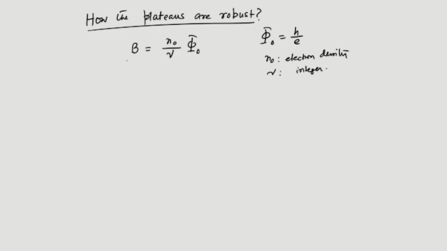Okay. So this is the condition that has to be satisfied for the plateau to occur, because we have said that B over phi 0 equal to some N0 by nu, and just that equality condition would give rise to a plateau. So the moment you are tuning B, you go out of this condition and your B becomes not equal to N0 by nu and a phi 0. Okay.